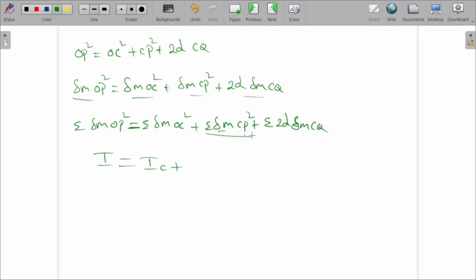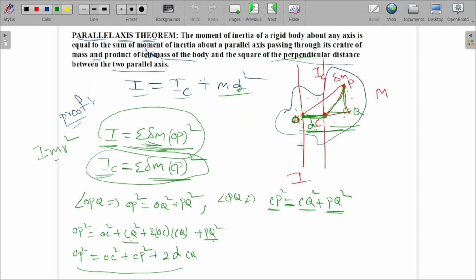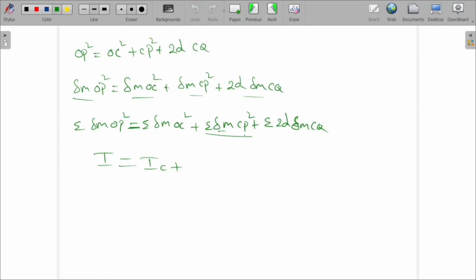So I equals IC plus, what? Delta m OC square. OC means R, so OC is nothing but R square. Just replace that.